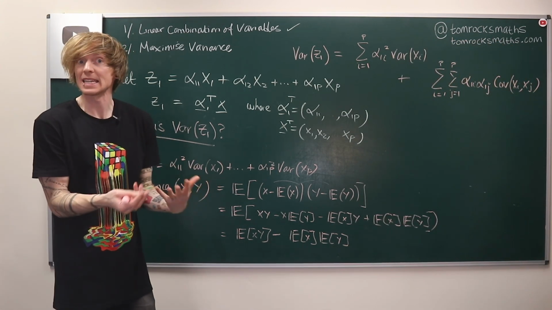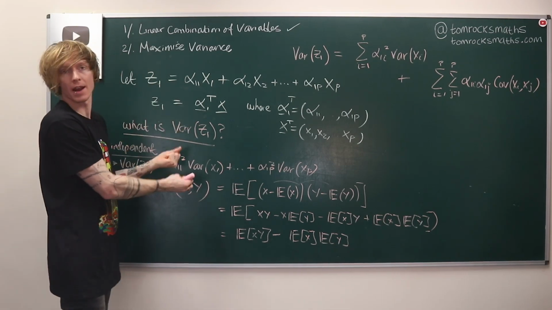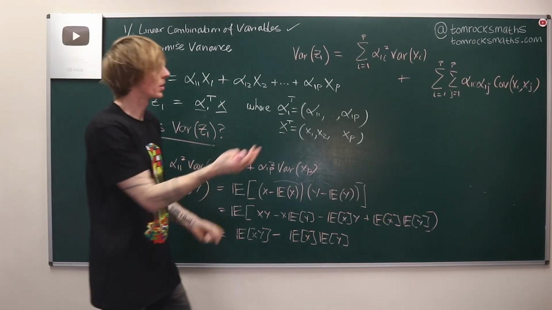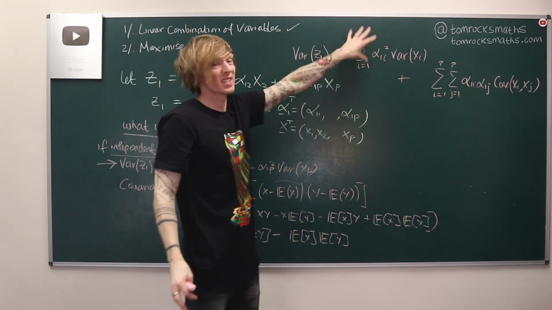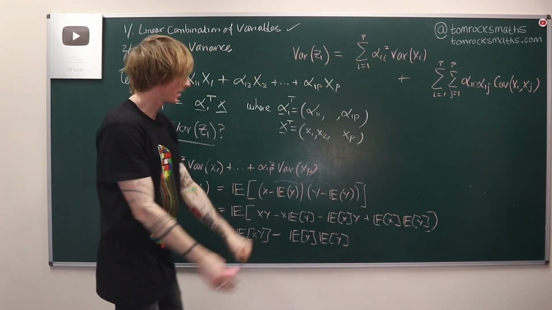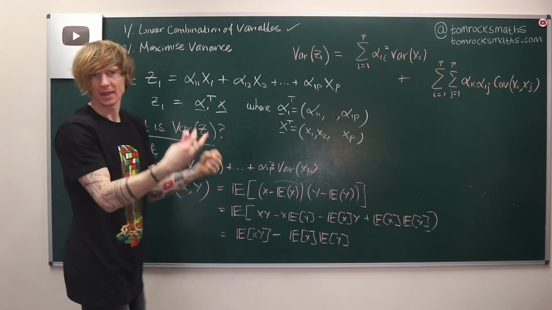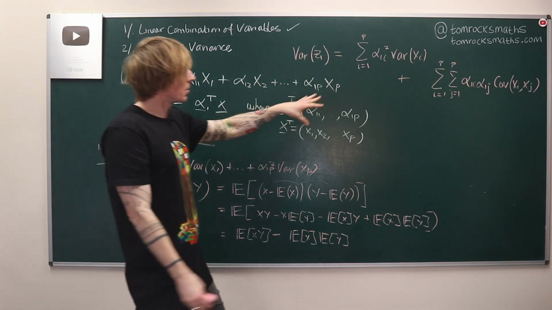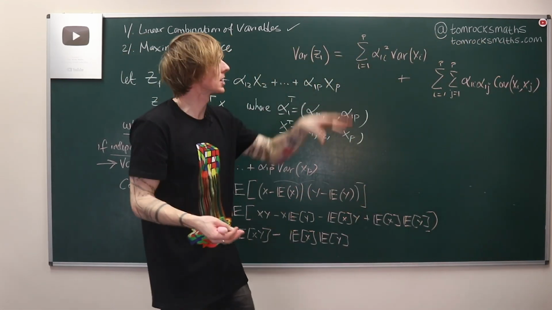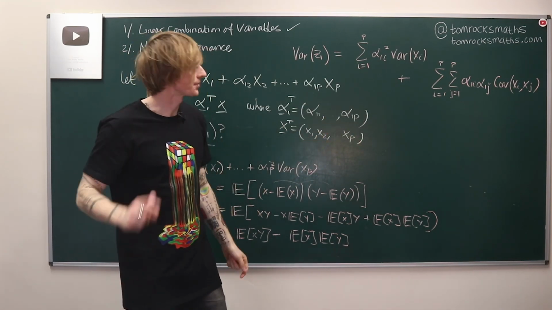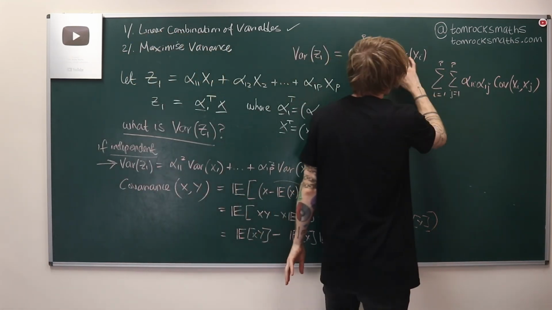So you can clearly see that in the case of independent variables, when the covariance is 0, this term vanishes, and then we just have the sum of the coefficients squared times the variance, which is exactly what I wrote here in that simplified case. But now we're going to include this general term because we are not going to assume independence, so the covariance could be non-zero.